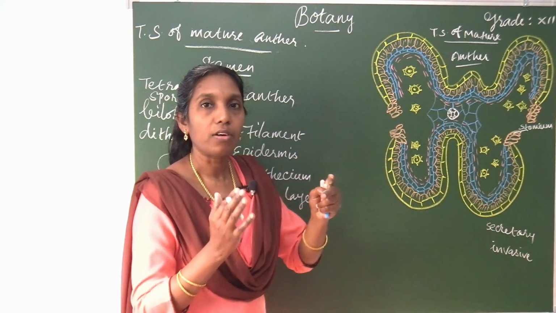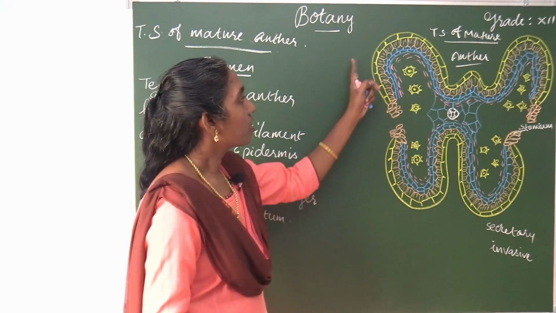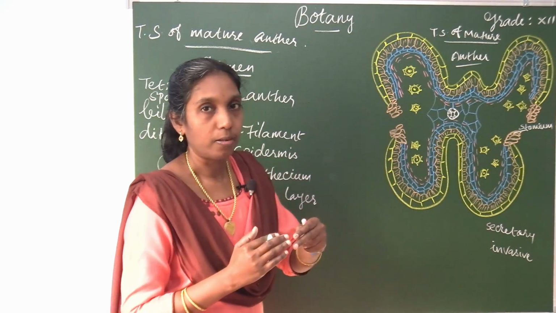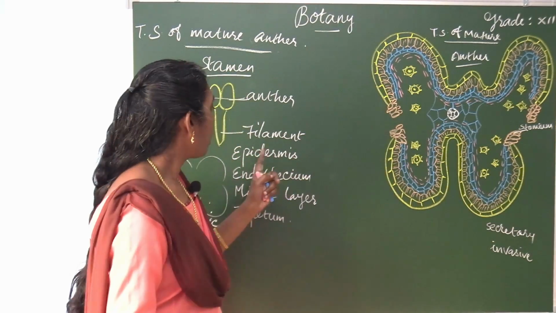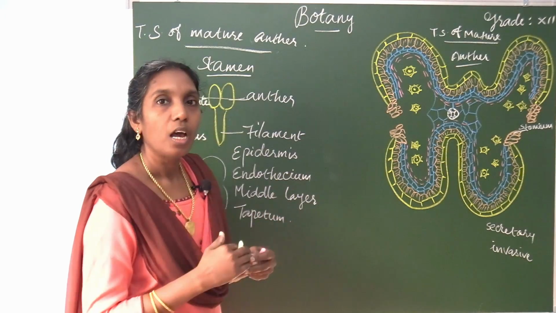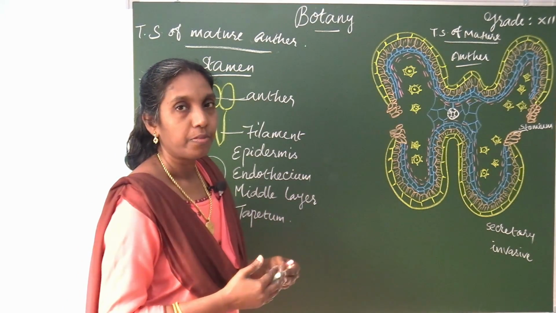So this is the second layer of the anther wall. The first layer is epidermis, the second layer is endothecium.